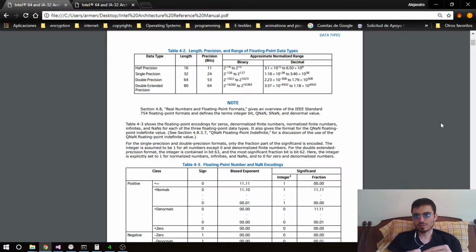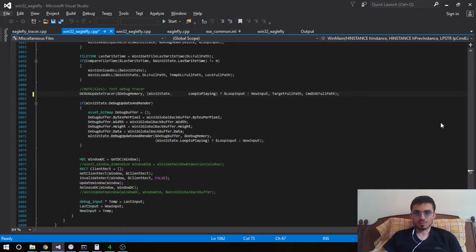If we use binary as the base, it would be 2 to the 15 and 2 to the minus 14. Let me hold this.